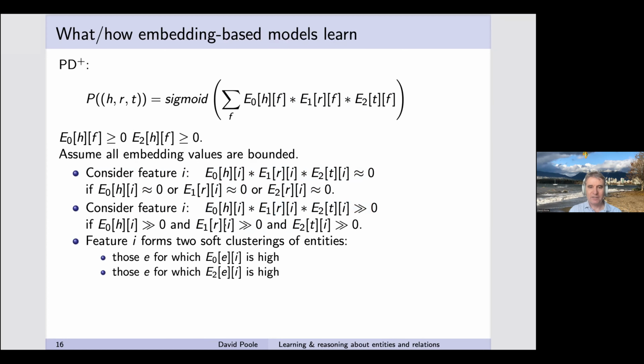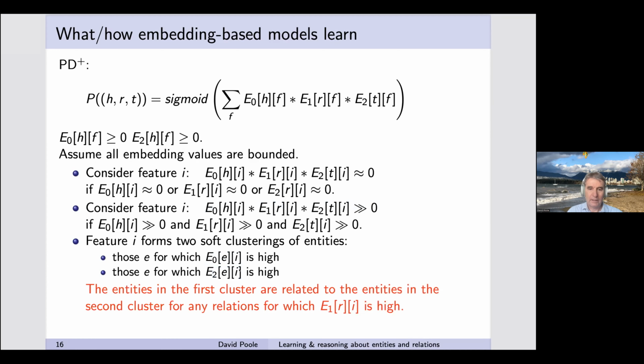So what happens now is that this ith feature, the ith embedding position, forms 2 clusterings. It forms those entities for which the first position is high. It's a soft embedding of entities, so it's a soft clustering of entities. It's those for which this is high and those for which the third position is high. And the entities in the first cluster relate to the entities in the second cluster, for any relations in which the E1 of Ri is true.